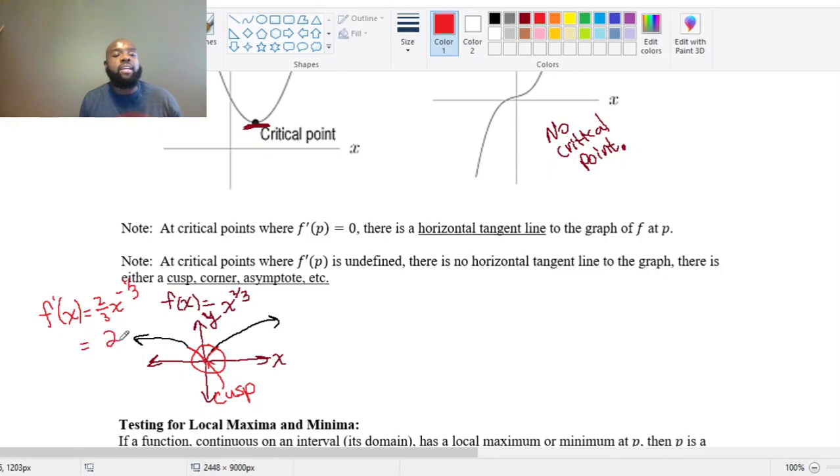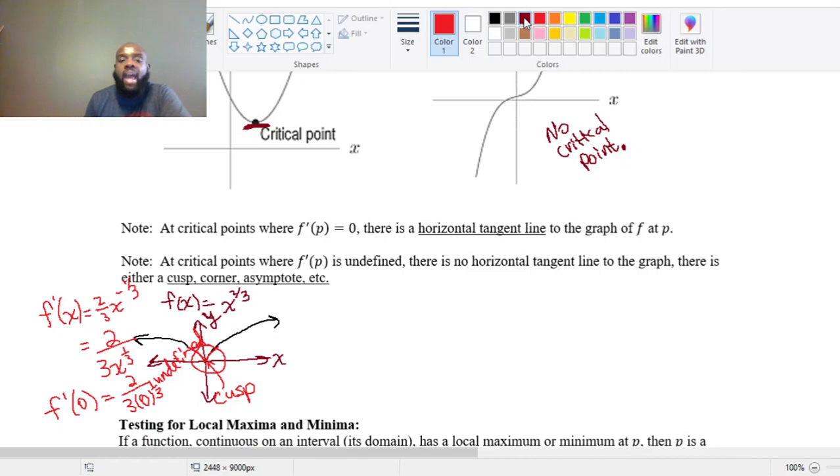Which is the exact same thing as 2 over 3x to the 1/3 power, right? If I were to try to plug in 0, this is where this cusp occurs, then what I would have is 2 over 3 times 0 to the 1/3, which is undefined. All right. And just so happens when we divide by 0, we can't do that mathematically. We get something that's undefined, right? This is what happens when we have a cusp.